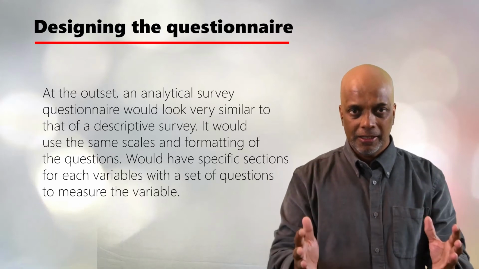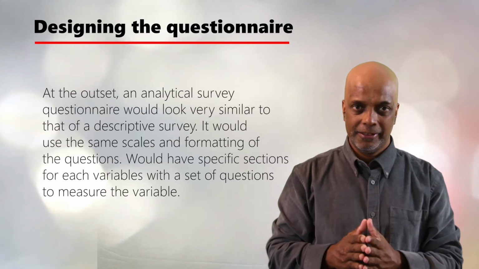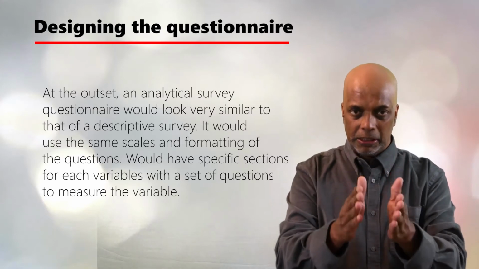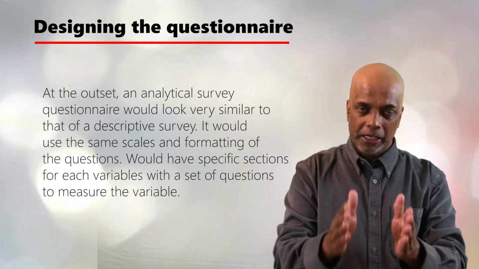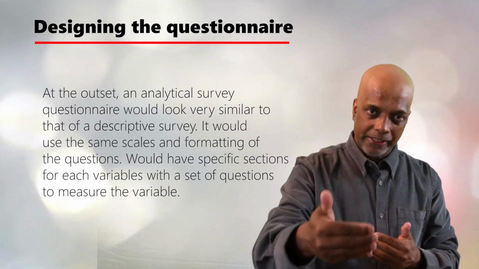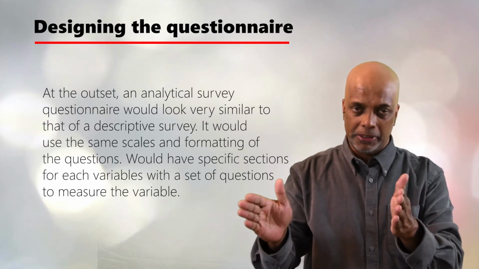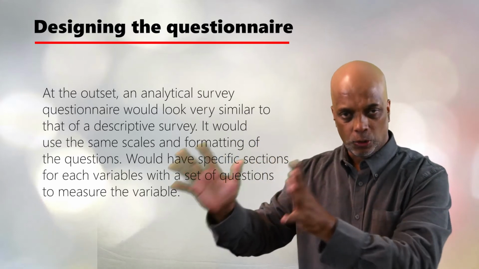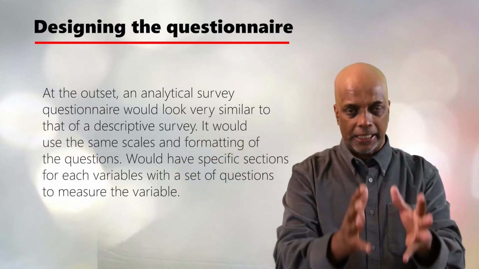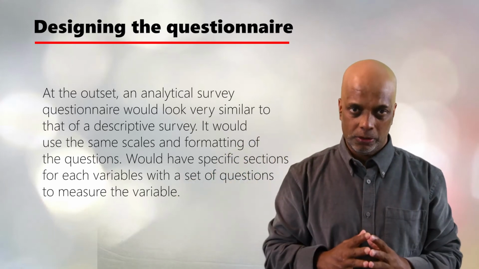They will still have a Likert scale. So those specific individual questionnaire items still gather the respondents' responses according to a scale. Something like strongly agree, agree, strongly disagree, and so on. Or highly satisfied, satisfied, highly dissatisfied, and so on.